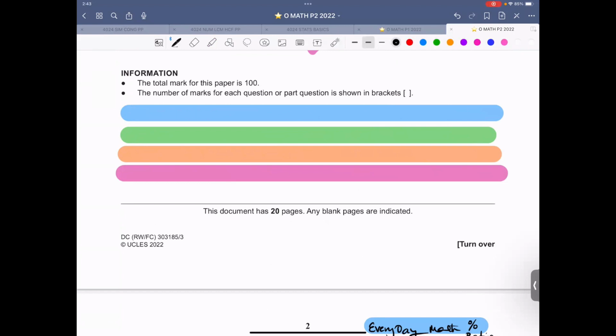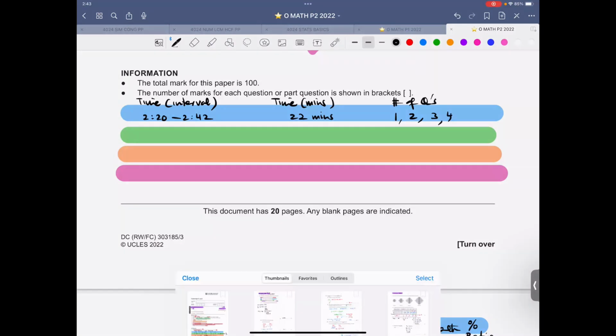Okay, so the time interval, just like a frequency thing, and then the time taken in minutes, and then number of questions. So question number 1, 2, 3, 4. 4 questions are done. We started at 2:20. We went till 2:42. And the timing is 22 minutes in which I did the narration and then I solved the question. So that's 22 minutes for these 4.